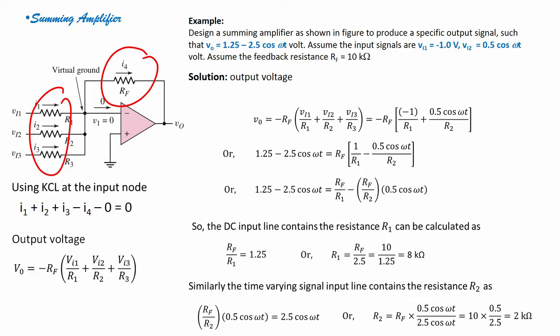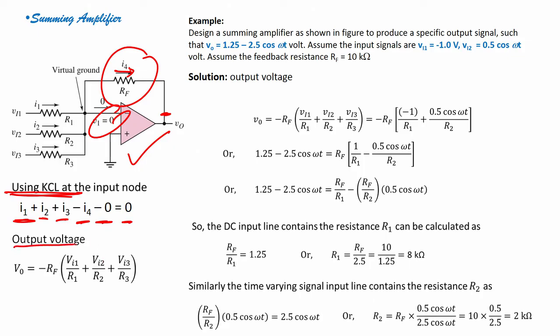Okay, so how can we do that? It is written over here. If you are given this circuit, then using Kirchhoff's current law, we can find I1, I2, I3, the 3 values given. So, I1 plus I2 plus I3 minus I4, minus 0 equals 0, right.